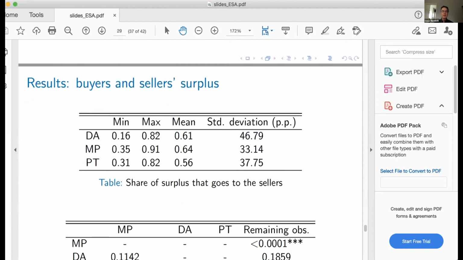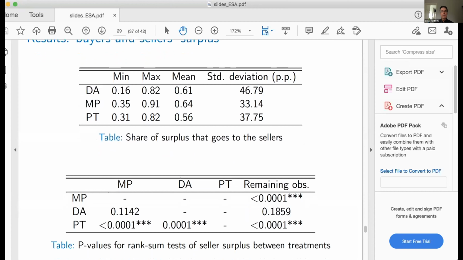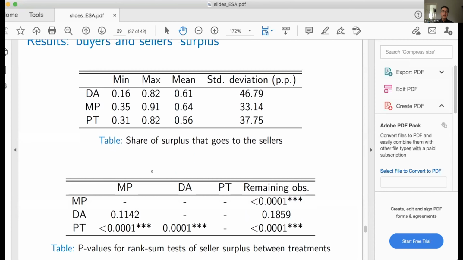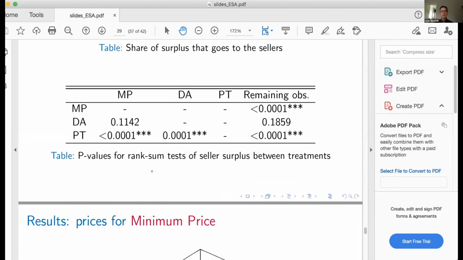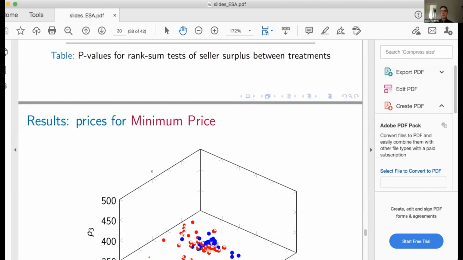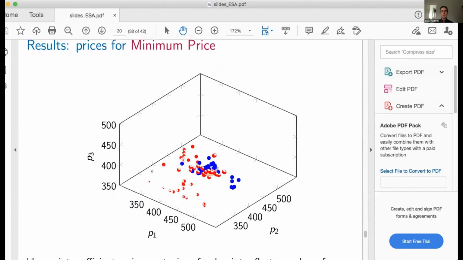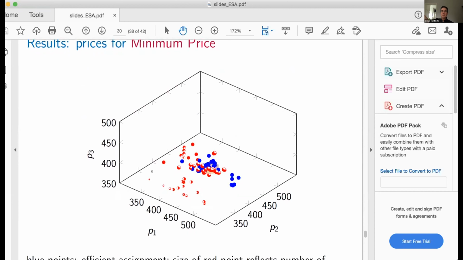In terms of buyer and seller payoffs, we have sellers doing slightly better than under pit trading, under minimum price, as we expect. And let me show the result for prices, which is just a way to illustrate what happens. So this is minimum price. Blue dots are efficient allocation. Red dots are inefficient allocation.